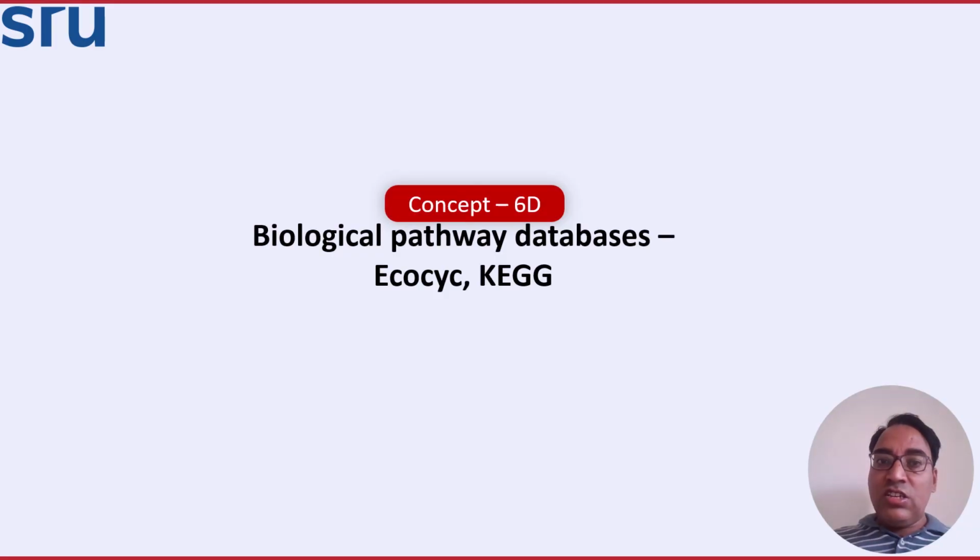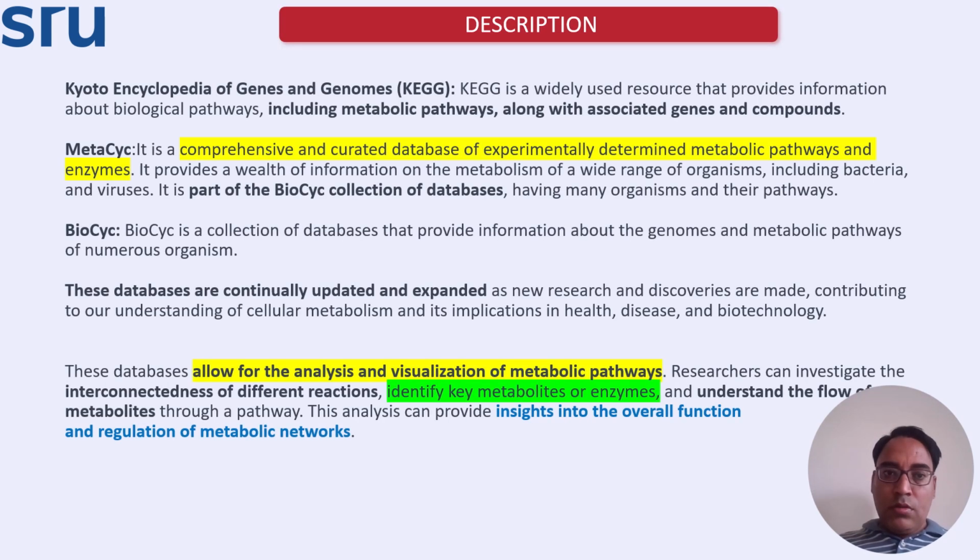In the last phase of this session, we'll be analyzing how the BioCyc and KEGG databases, or their individual modules, have been used for metabolic pathway construction, especially how we can deploy their modules to fill the gaps. Now remember that KEGG includes metabolic pathways along with the associated genes and compounds.